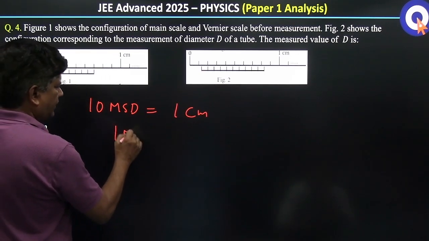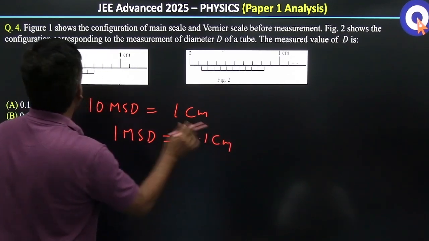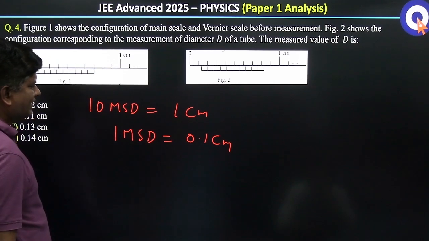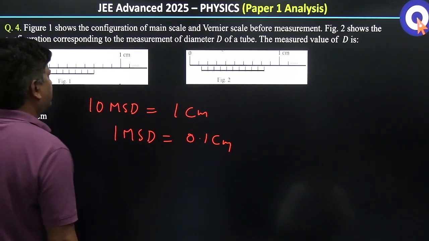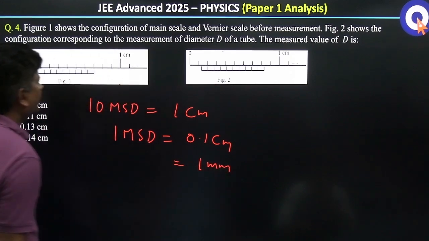Therefore, one main scale division in this particular case is 0.1 centimeter, which is equal to 1 millimeter.